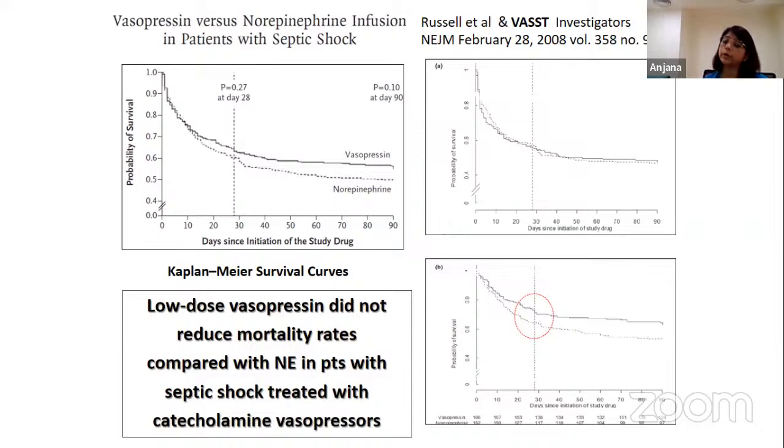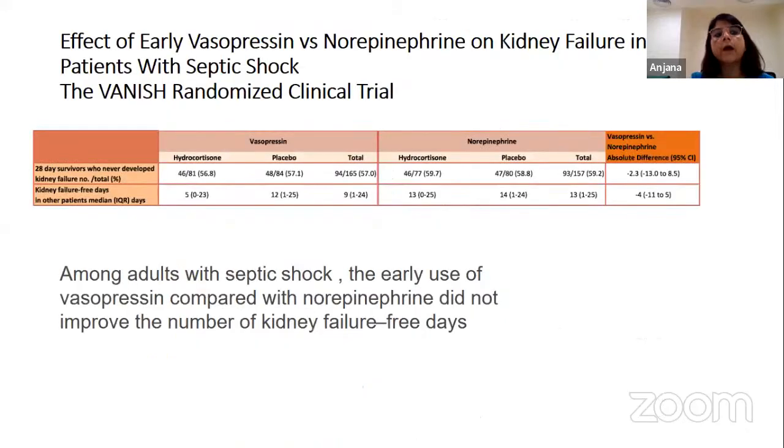In the subgroup analysis, they saw that those patients did well where a lower dose of noradrenaline was given. So we use that as a second line agent so that your noradrenaline dose can be reduced in sepsis or shock patients.